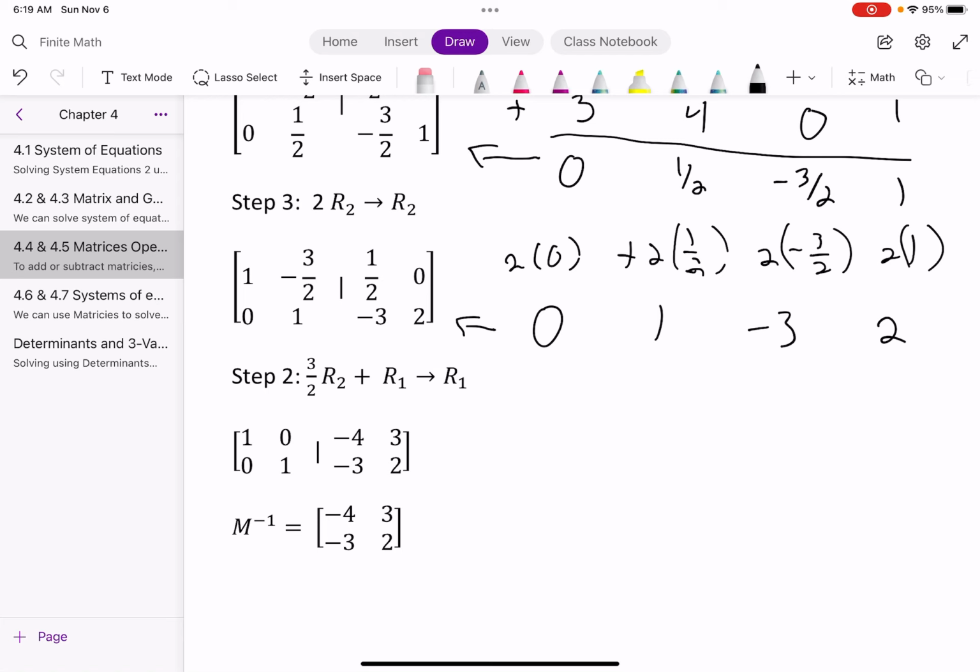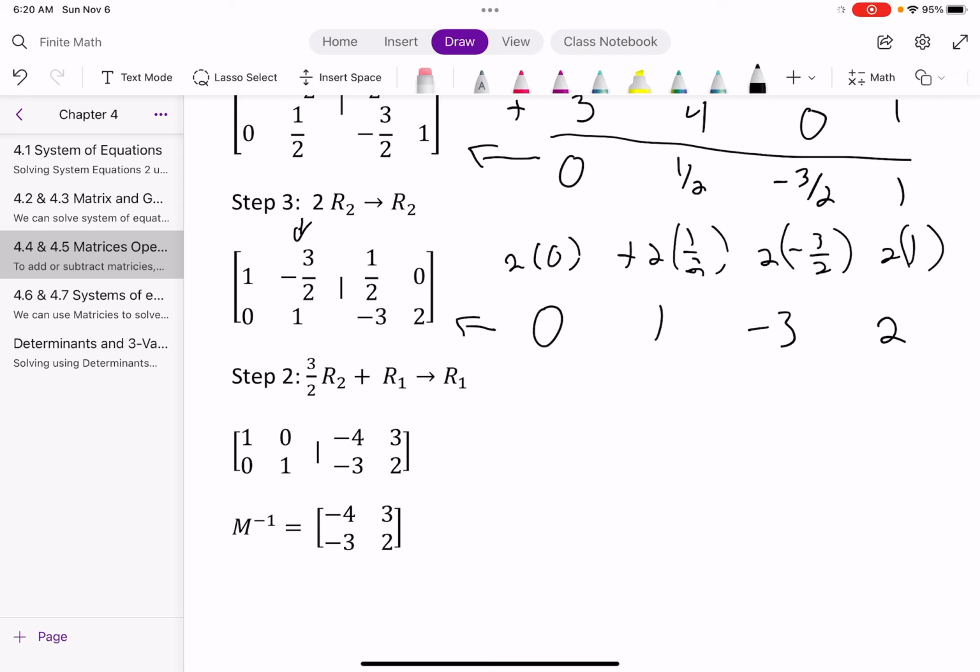And then our final step, we'll multiply row 2 by 3 halves, add it to row 1, and get row 1. The reason I know it's 3 halves, again, is I've got to get rid of this guy, so I basically take the additive inverse, which would be a positive 3 halves.